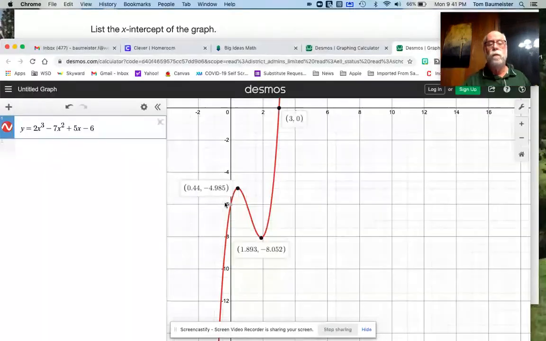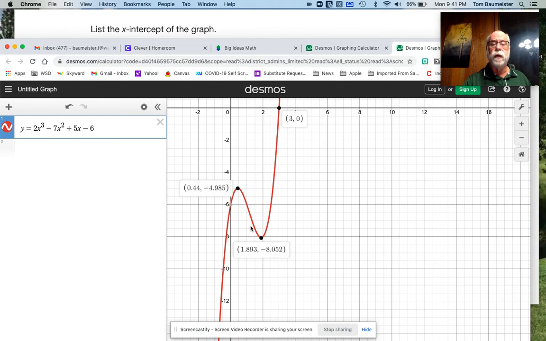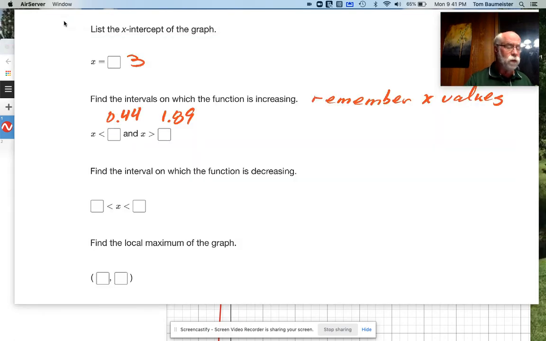Find the interval where it's decreasing. So the interval it's decreasing is right here. Again, if I'm following the graph, I'm going up, I'm increasing until I get to the local maximum there, and then I'm decreasing. So I'm decreasing in between those two. In between those two would be 0.44 and 1.89.